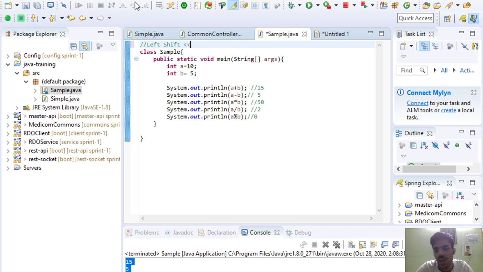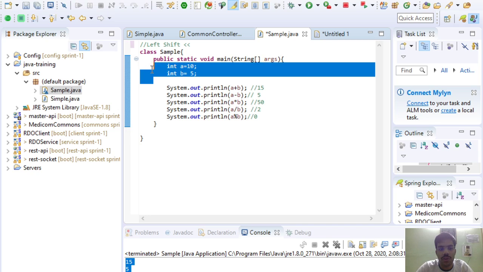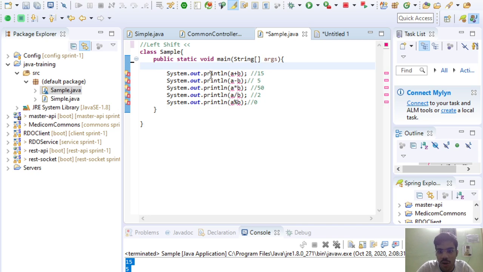If I want to declare 10 left shift of 2, what does that mean? It means 10 multiplied by 2 to the power of 2, equal to 10 multiplied by 4, equal to 40.